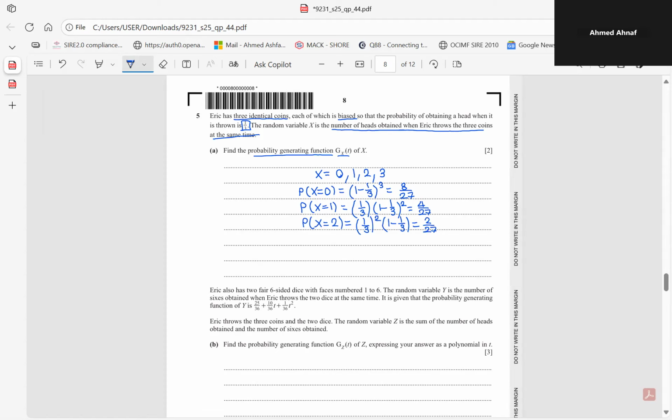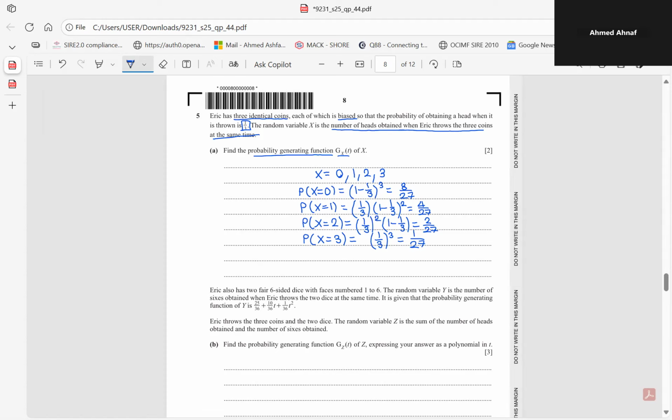Lastly, P(X=3), all three coins have heads, that's 1/3 cubed, which is 1/27. To check whether all of our probabilities are correct, just add all of them up. You should get 1.